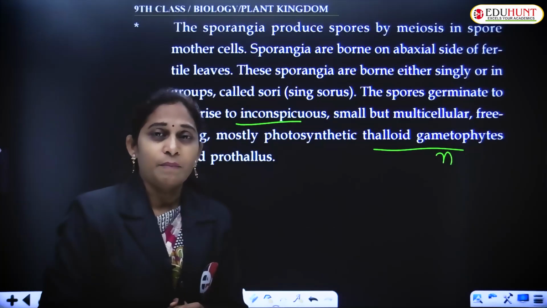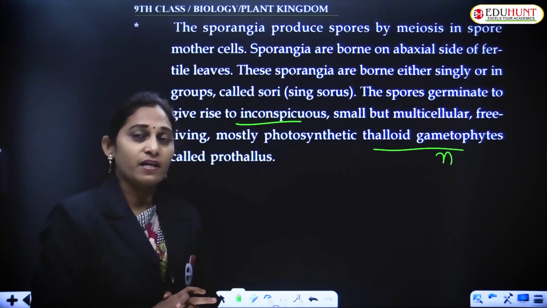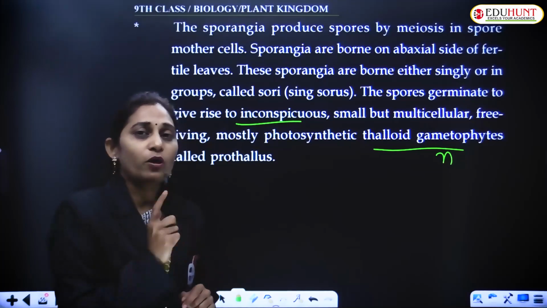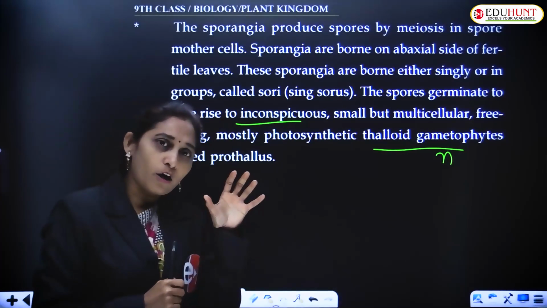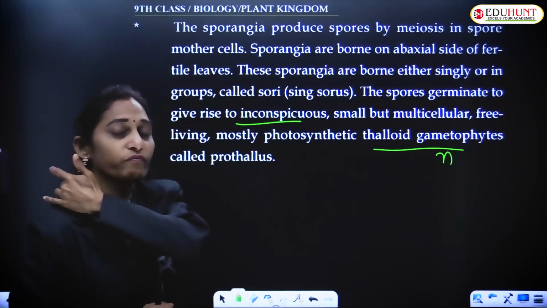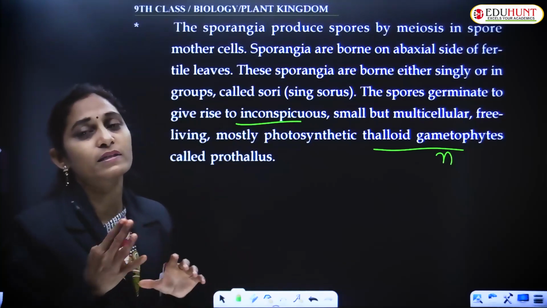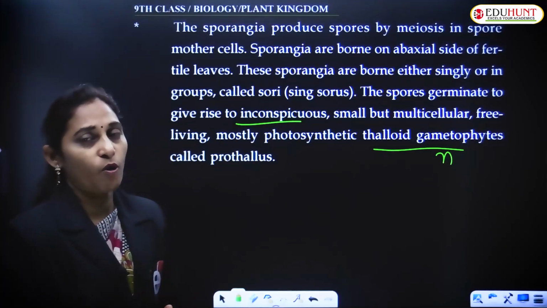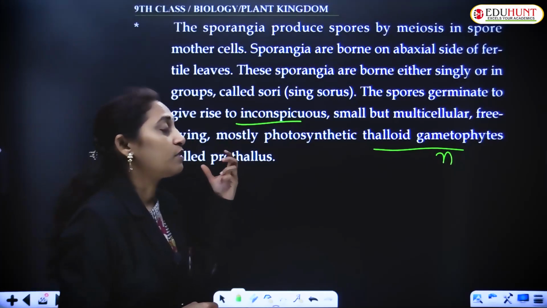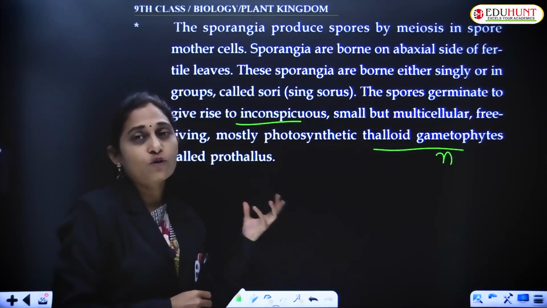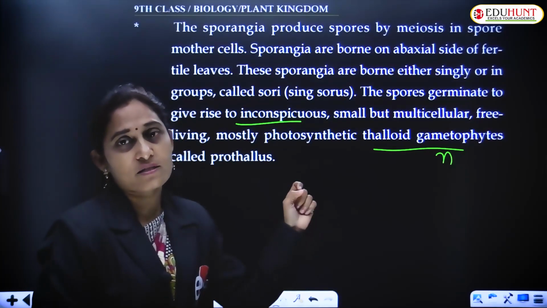In bryophytes we said the life cycle is haplodiplontic, because the haploid gametophytic phase is dominant over the sporophytic phase which is diploid. Here, the diploid sporophytic phase is dominant over the gametophytic phase which is haploid.